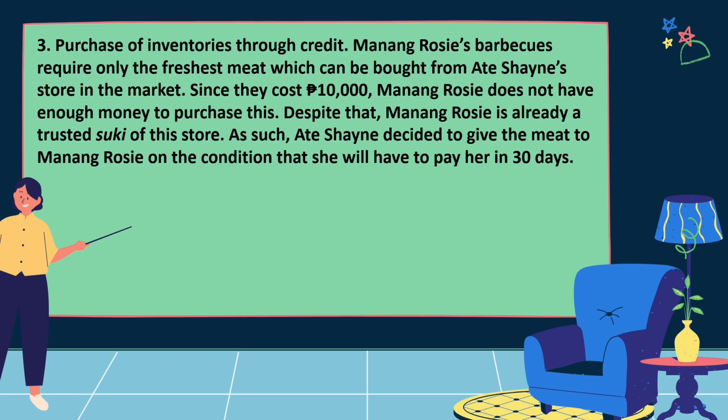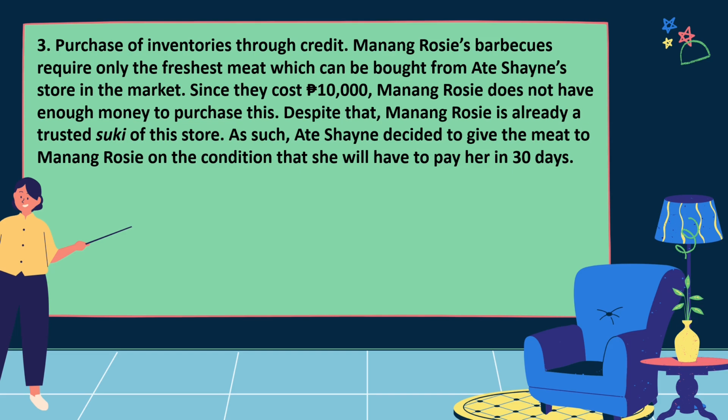Okay, sa third transaction, purchase of inventories through credit. Manang Rose's barbecues requires only the freshest meat which can be bought from Ate Shane's store in the market. Since they cost 10,000 pesos, Manang Rosie does not have enough money to purchase this.